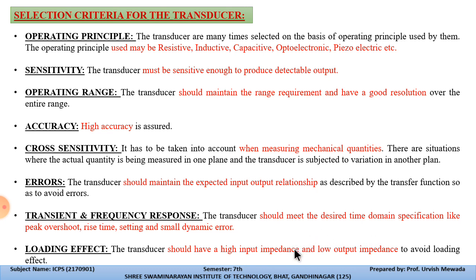And if the output impedance is low, it should have good resolution. So while we select the transducer, we should keep the loading effect in mind. To avoid the loading effect, we keep a high input impedance and a low output impedance.